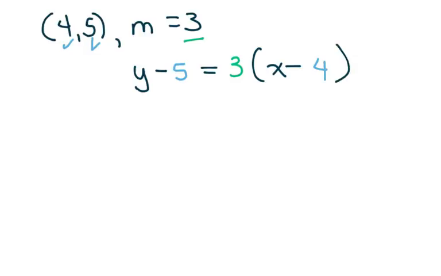So there's your point slope form. Very easy. It's very easy to see the points. That's why we like it. And you see something like this, you can easily find the slope and your x and your y. But now we have to put this in standard form.